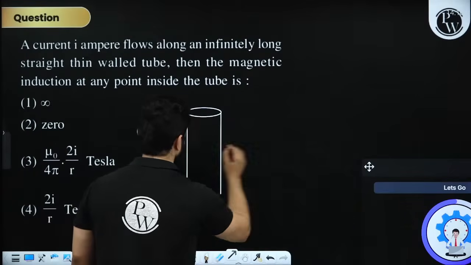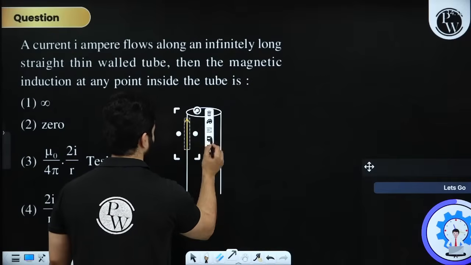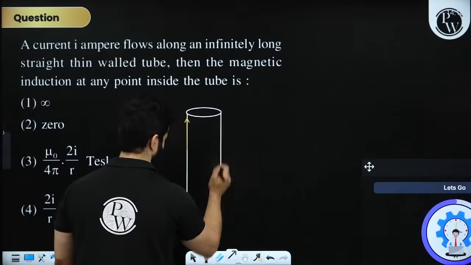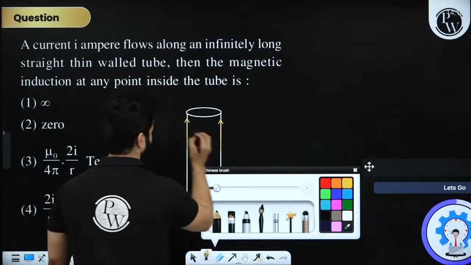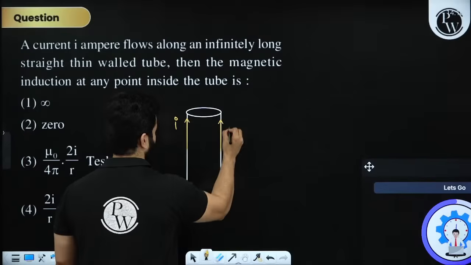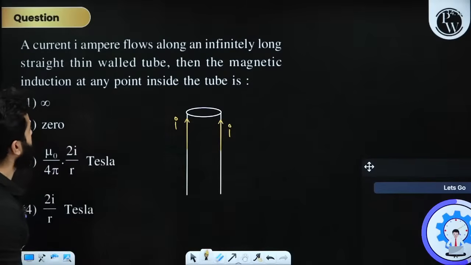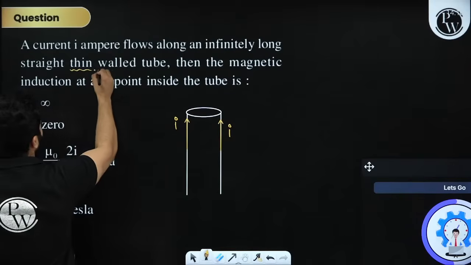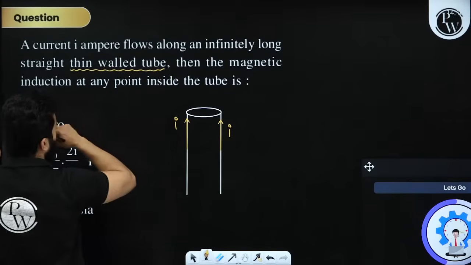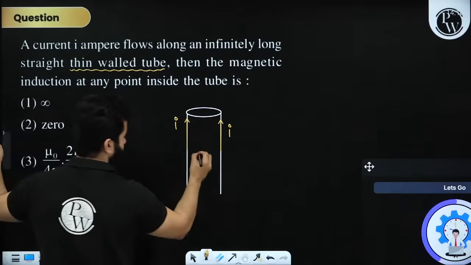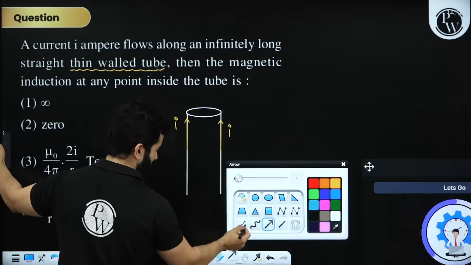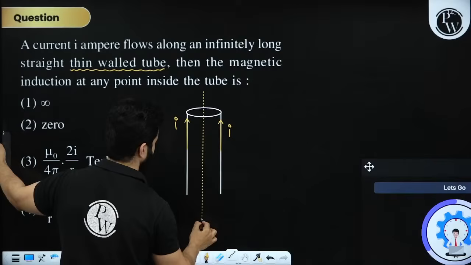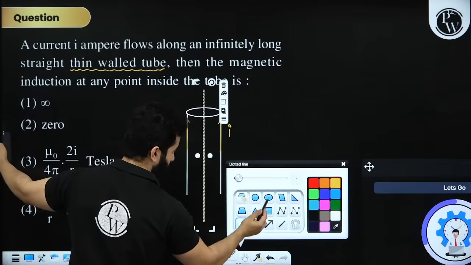And because this is thin, that means current is flowing only on the periphery. Current is only flowing on the periphery, right? And if it is an infinitely long, straight, thin walled tube, so if they are going to talk about any point inside, let's say this is the axis, and they are talking about any point inside.